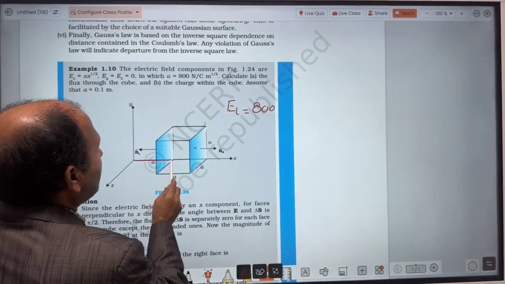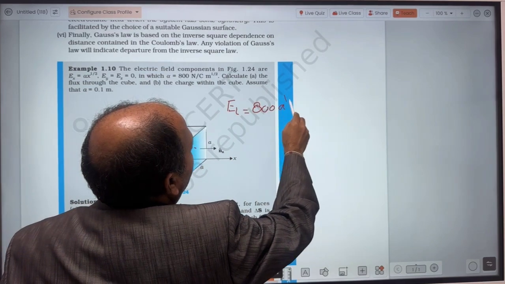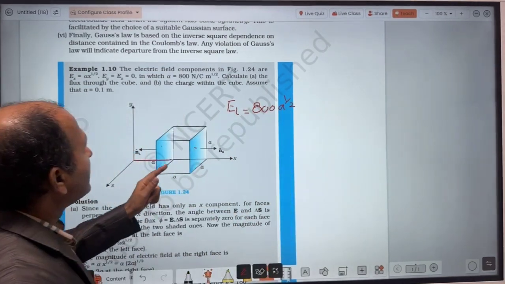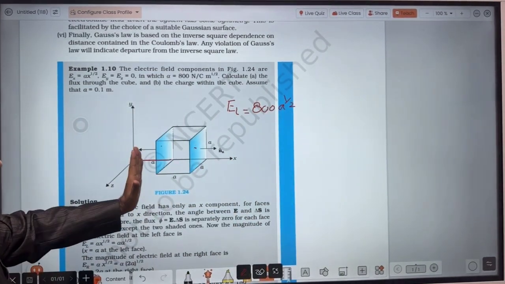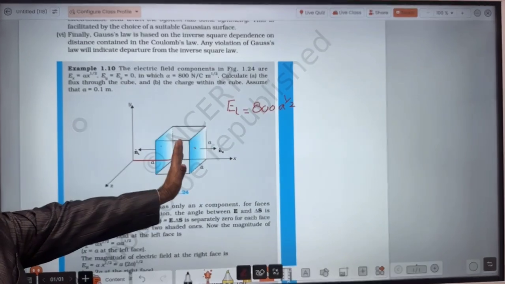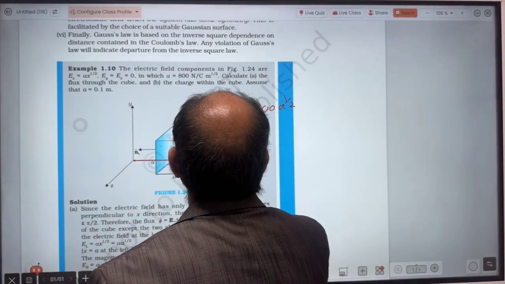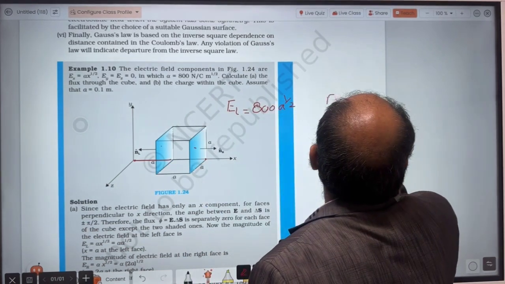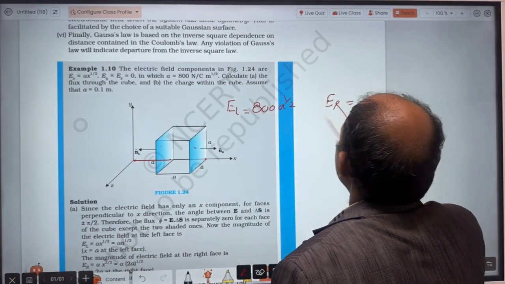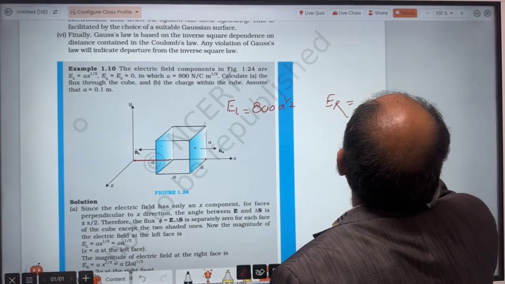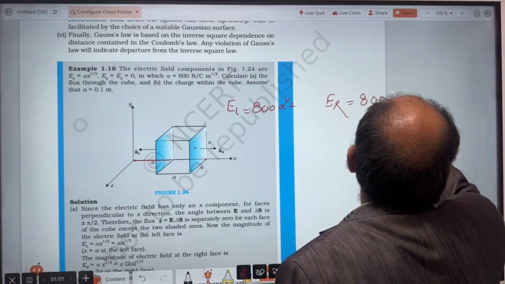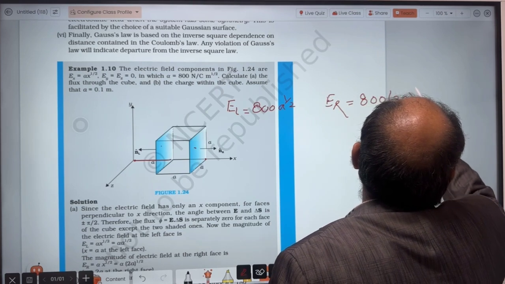Here the distance x is A. So A power half. So this is the value of the electric field on the left face. If we find the electric field on the right face, the distance from here to here is just 2A. So E on the right face will be equal to 800 times 2A power half.